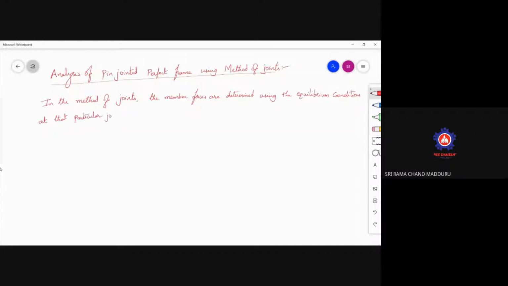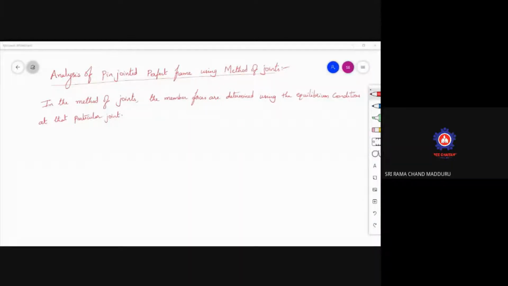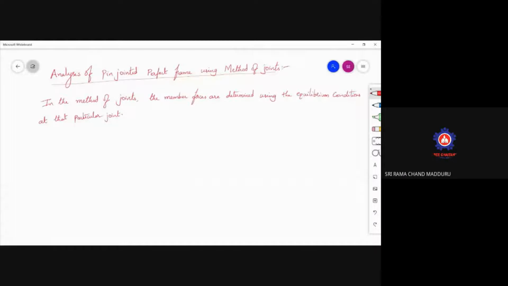Now understand here, we need to understand the number of equilibrium equations that are available for a particular joint.